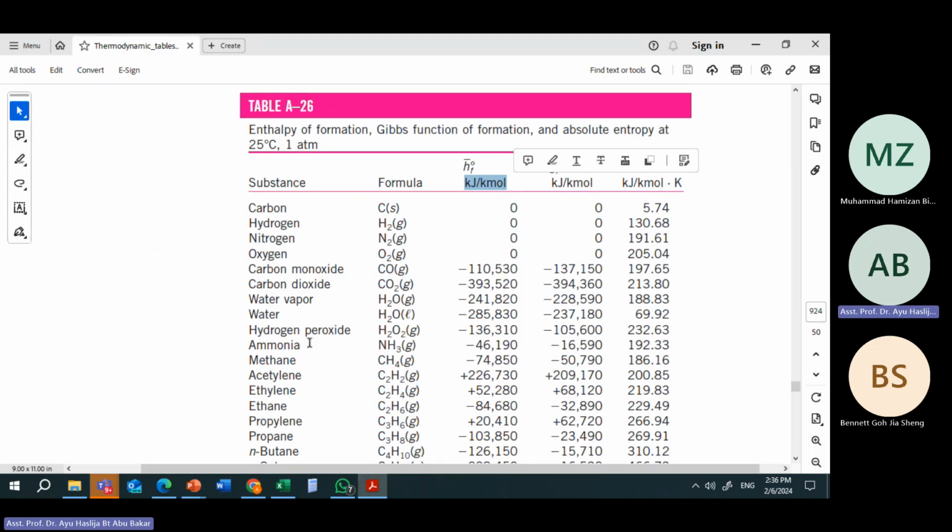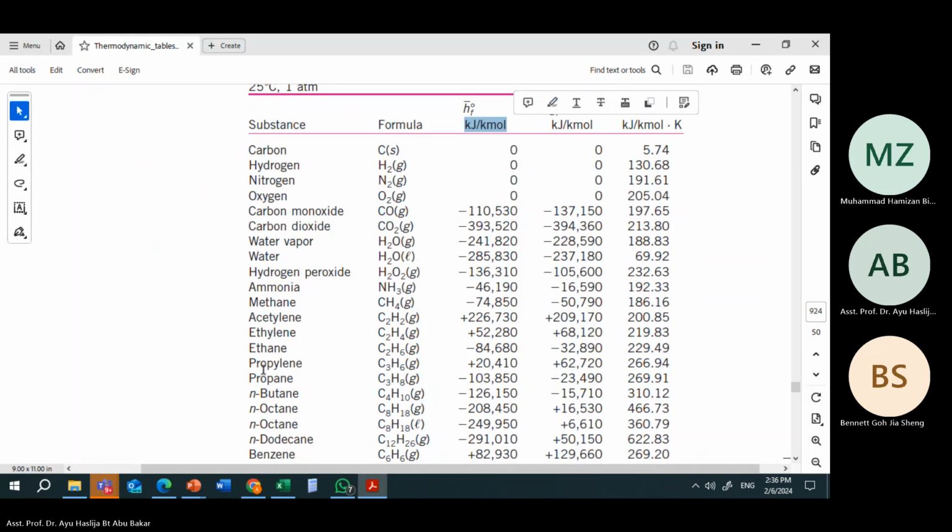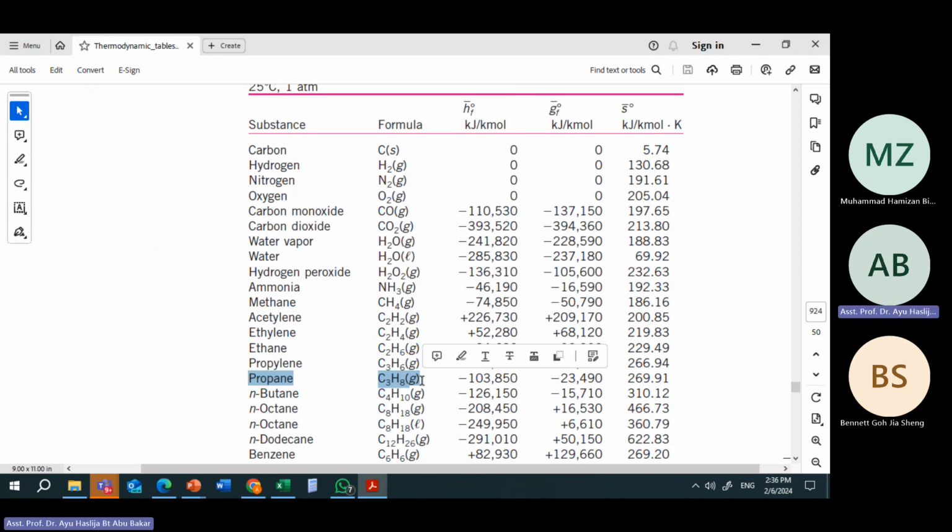Propane liquid. Zero. Heat of formation, yes, 0.